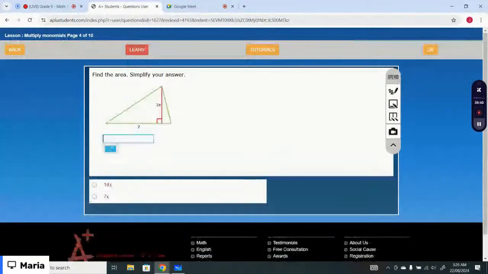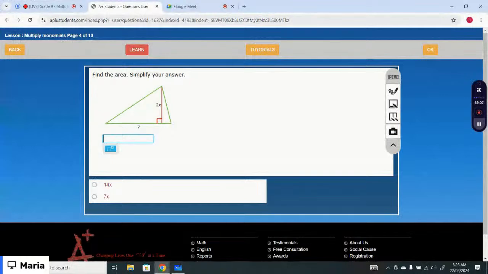Find the area. So which is the correct option? The area of the triangle is half times base times height.